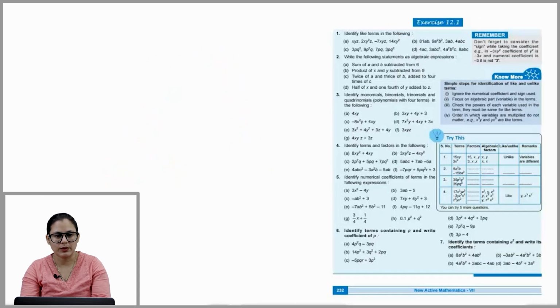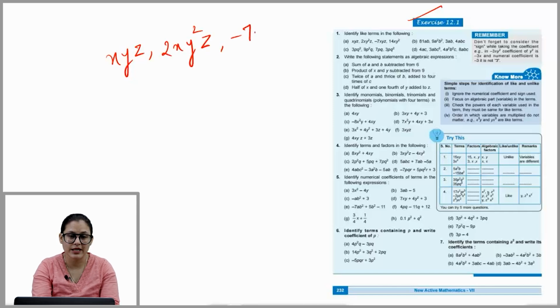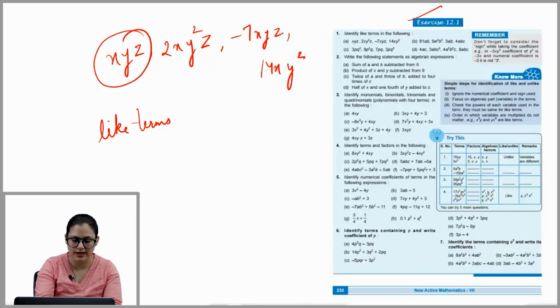Let's do exercise 12.1. Identify the like terms in the following. So let's see. x, y, z, comma, 2xy square z, minus 7xyz and 14xy square. So which are the like terms? xyz and xyz.